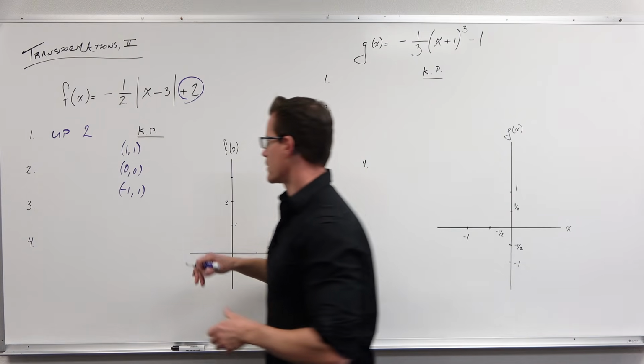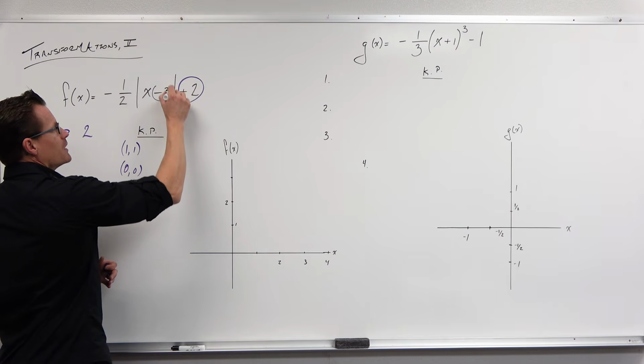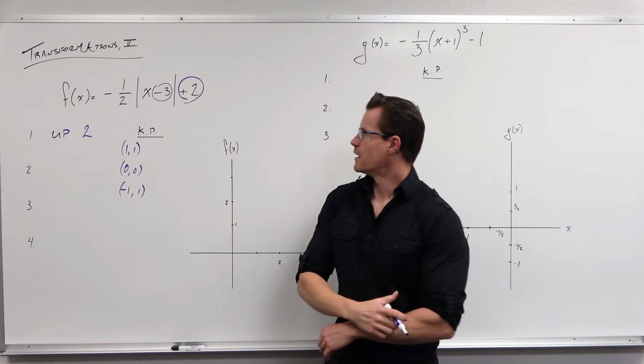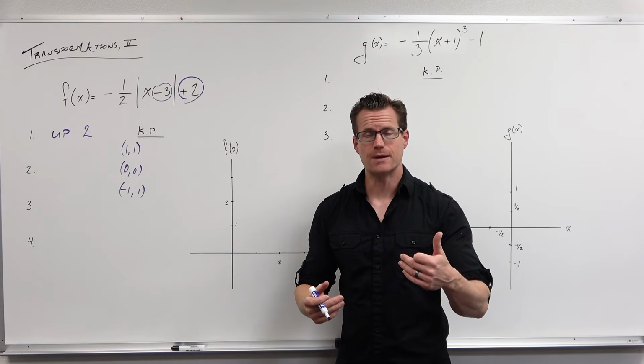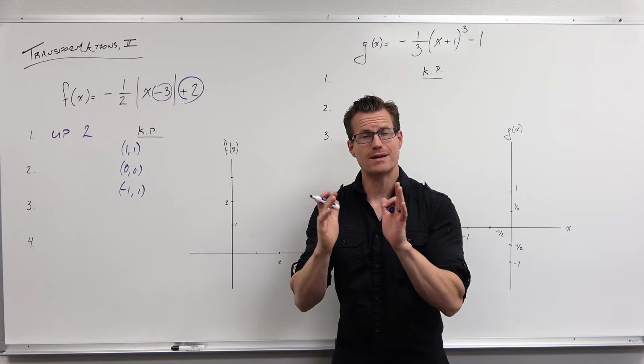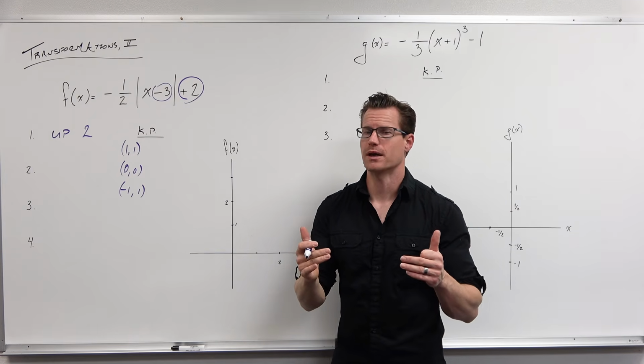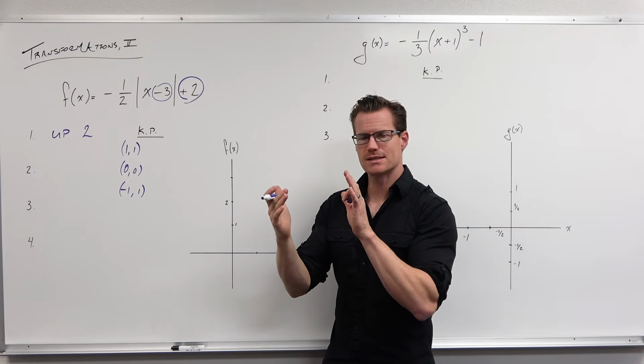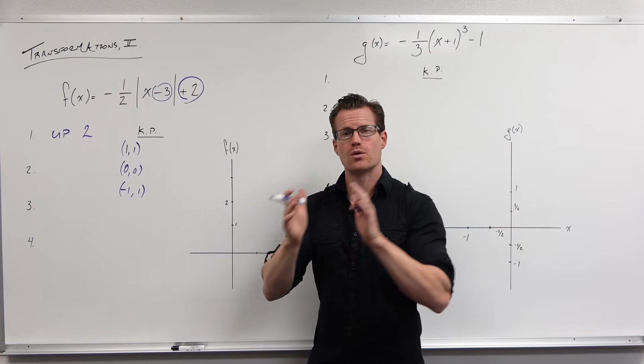Then I look inside, I go, okay, inside that I'm affecting my input. That input of x is affected by subtracting 3. Now we know that inside the function, the horizontal shift, the affecting the input, is kind of opposite of what we want to think. So -3, it does not move left 3, it moves right 3.